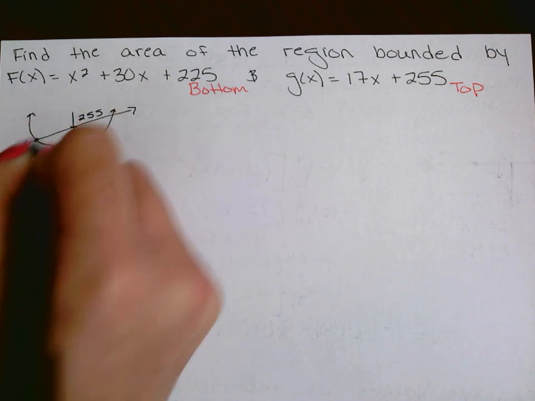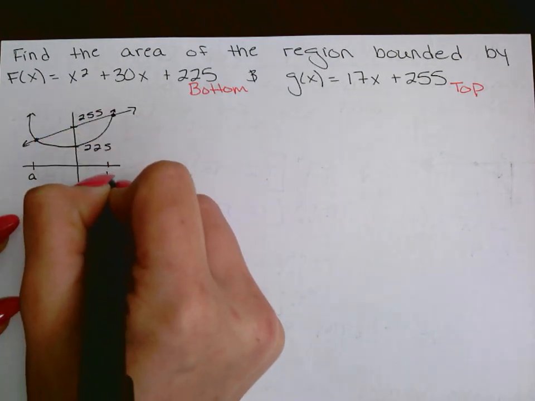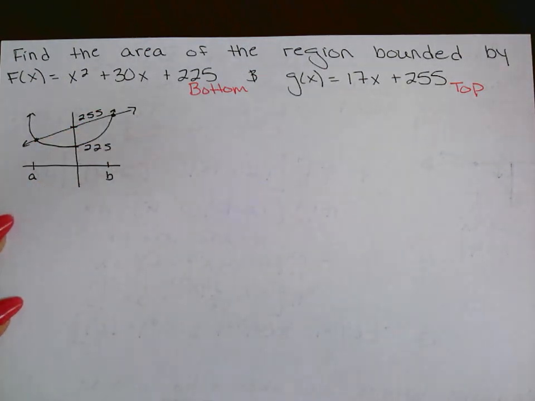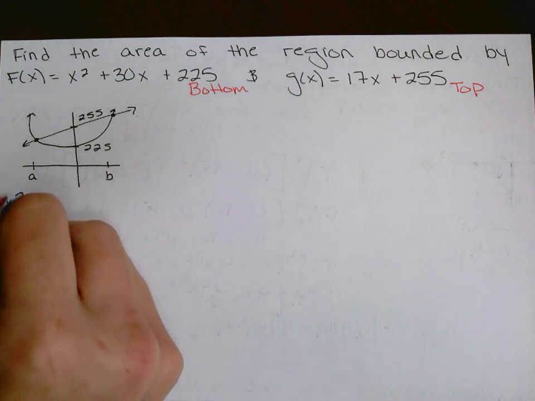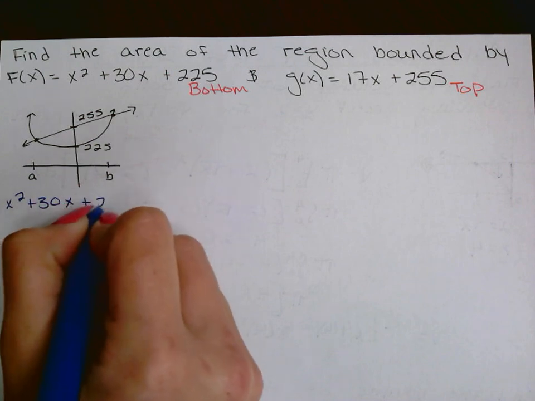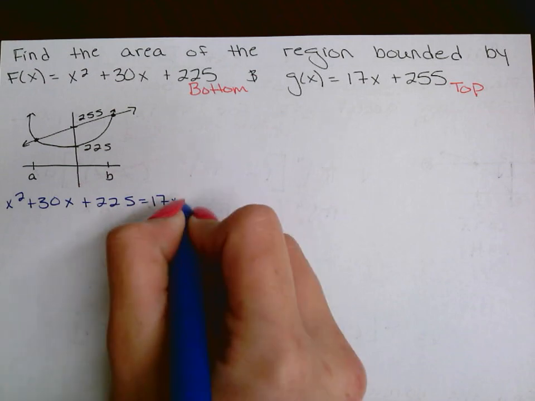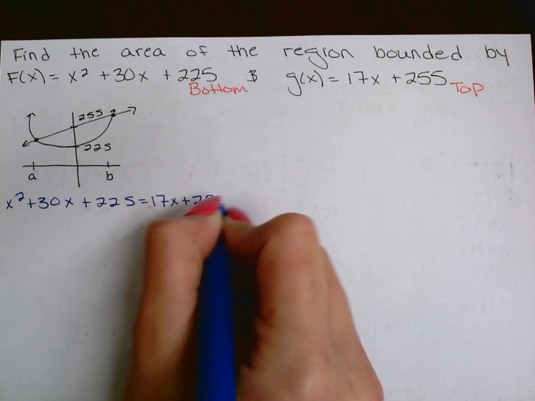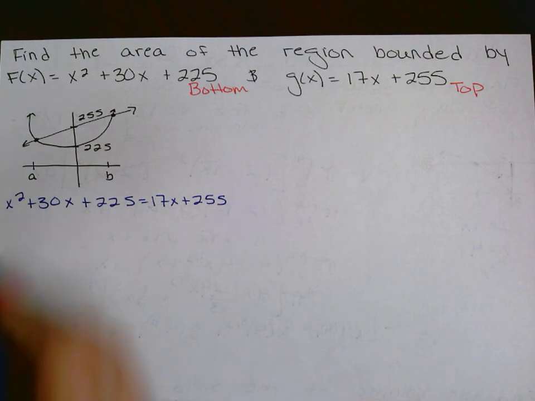So I need to find out point A, and I need to find out point B. How do I find out what A and B are? Right, set the two functions equal to each other. So I have to say that x squared plus 30x plus 225 equals 17x plus 255. So next you're going to have to move everything to one side.